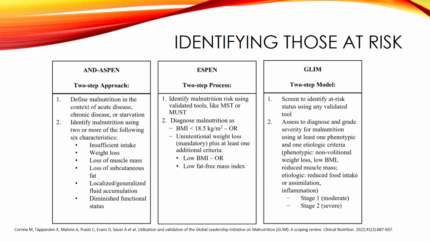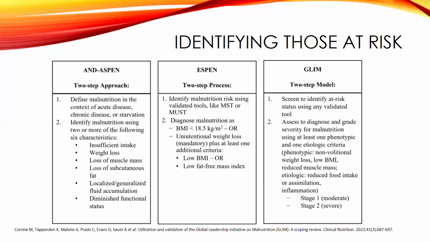And when it comes to reduced muscle mass, that's where we have a bit of a challenge, especially in our clinical setup, because it has to be by validated body composition measures or techniques, which calls for us to have body composition analyzers or bioimpedance equipment to analyze the muscle mass of our patients to get a report at the end of the day.